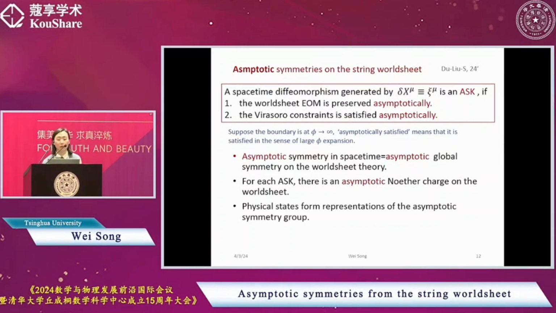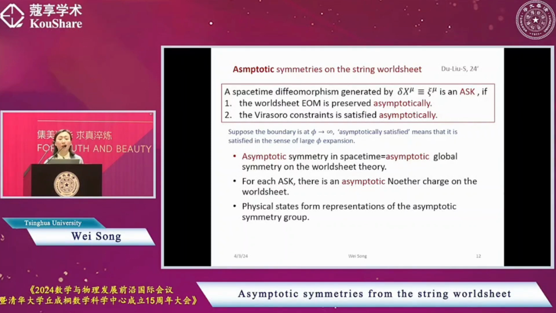we will learn that this asymptotic symmetry in the target spacetime of string theory can be realized by some asymptotic global symmetry on the string worldsheet.